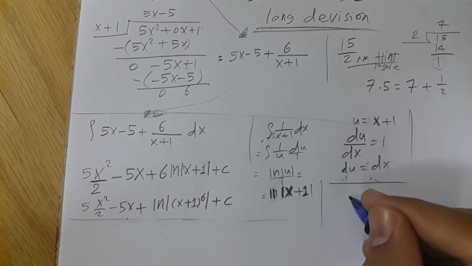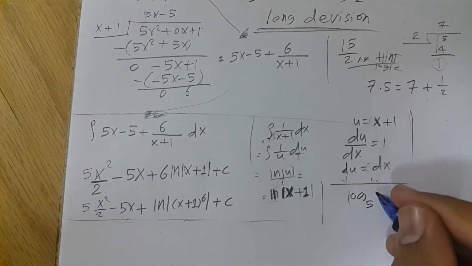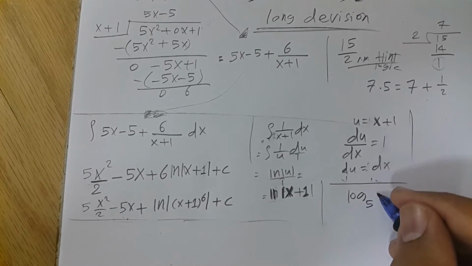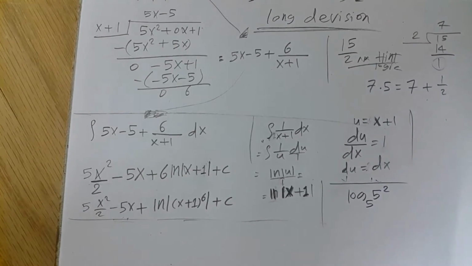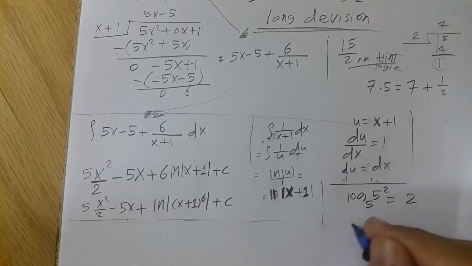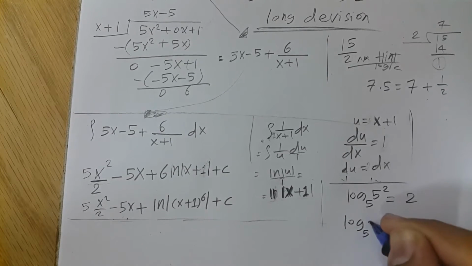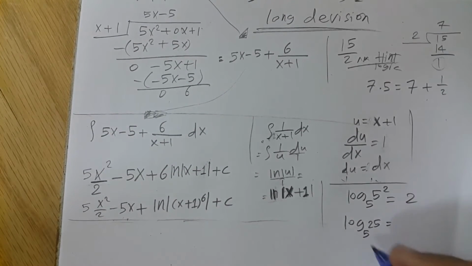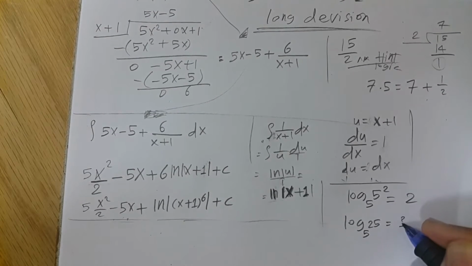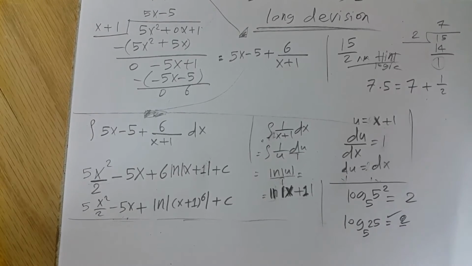Let's say that we have 5 to the power of log base 5 of 5 squared. Okay, you all know that the answer of this is what? 2, right? Because it's basically log base 5 of 25, which is saying 5 to the power of what gives you 25, and you will say it is 2, and I will say it's correct.